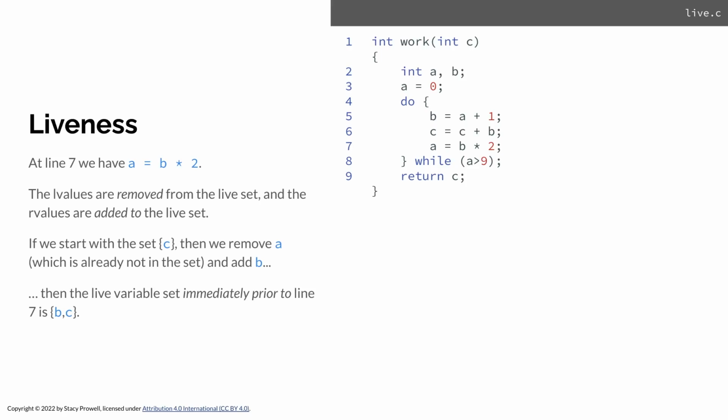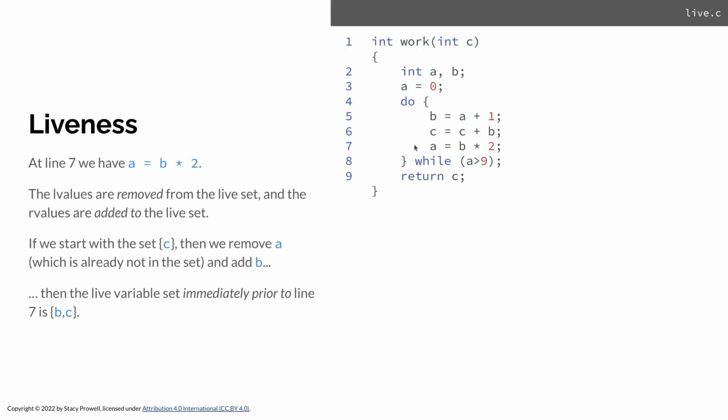Well, if we take something out, maybe we have to put something back in. Well, we know that we depend on b. b is read here. b is used to determine what a is going to be. So certainly, prior to this line, b is live. So we start over here, after the line, with the set of a as the only live variable.